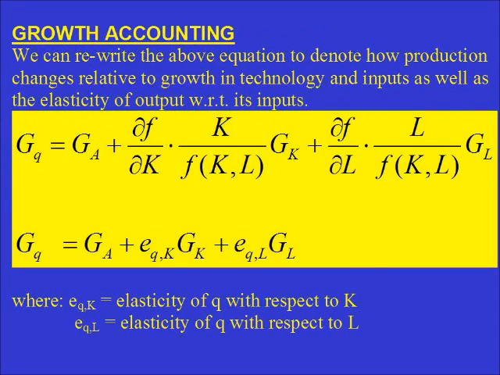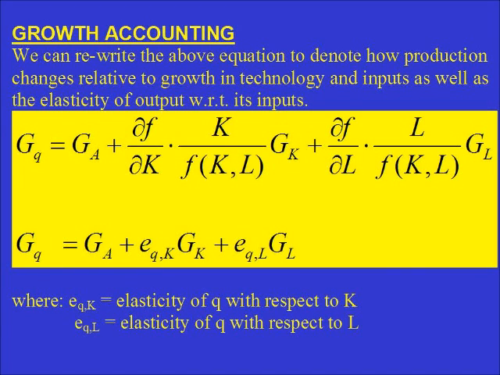Now we can examine growth accounting. As I said, you'll probably see this again in macroeconomics next semester. We can rewrite the equations that we had above to denote how production changes relative to growth in technology and inputs, as well as elasticity of output with respect to its inputs.